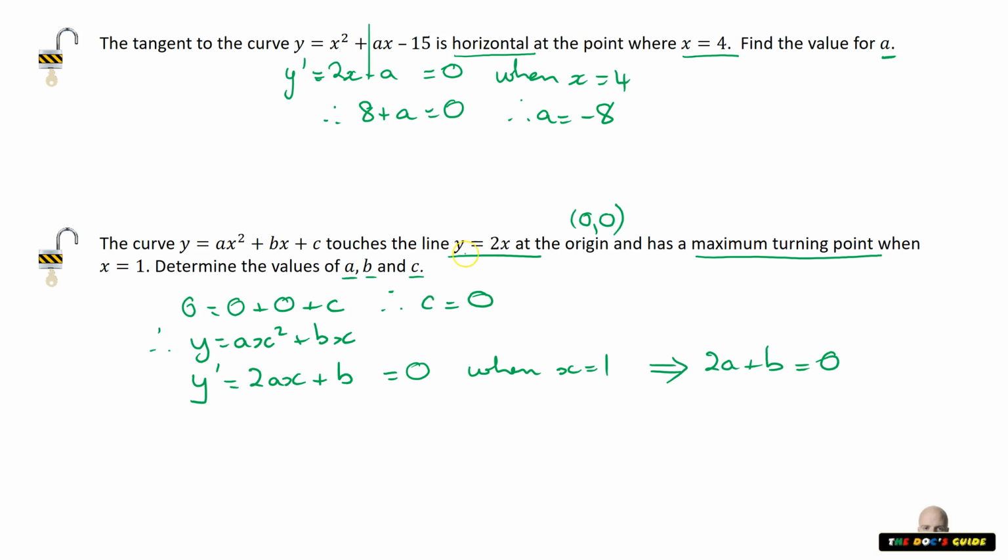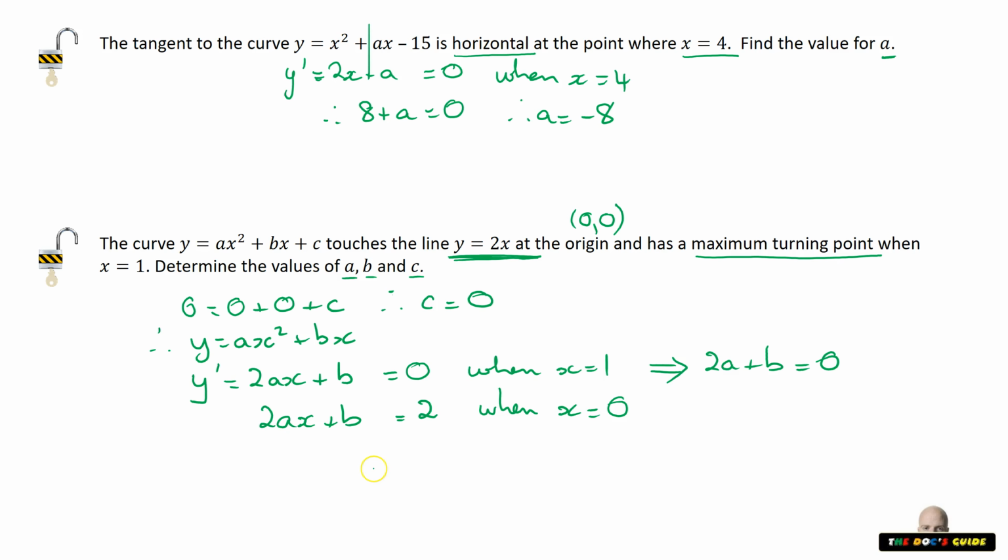Now our last piece of information is about this line here. If this curve just touches this line, that makes this line a tangent to the curve. So the slope of this line at the point that it touches is the same as the slope of the curve. And the slope of this line is 2. So that's saying that 2ax plus b, which is the slope of the curve anywhere, equals 2 when they touch, and they touch at the origin.